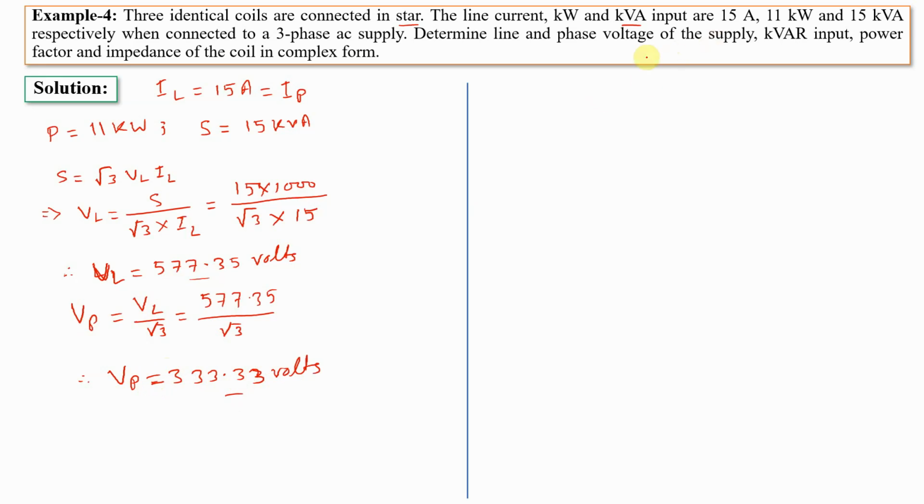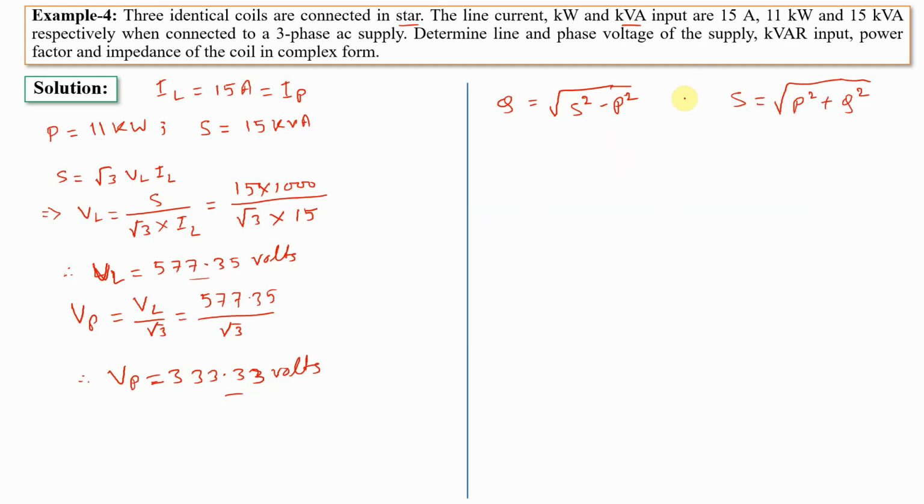Now the reactive power, here you have to calculate the kVAR input, that means the reactive power Q. And from the power triangle we know that Q can be written as square root of S square minus P square, because we already know that the apparent power can be written as square root of P square plus Q square, that is the active power square plus reactive power square.